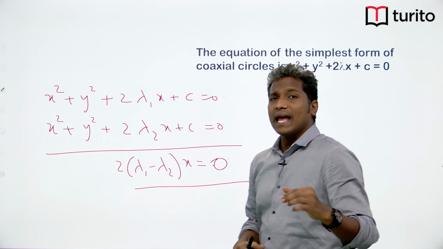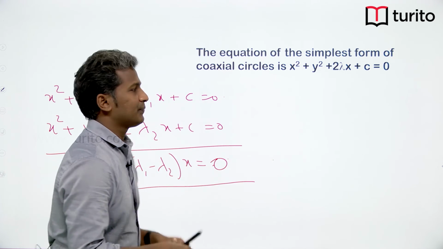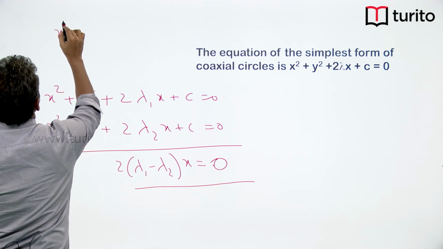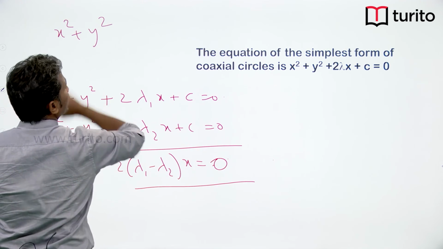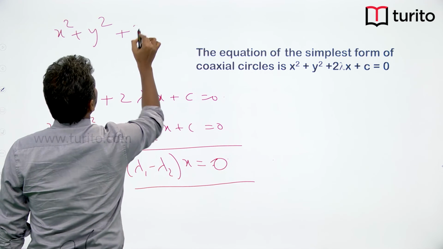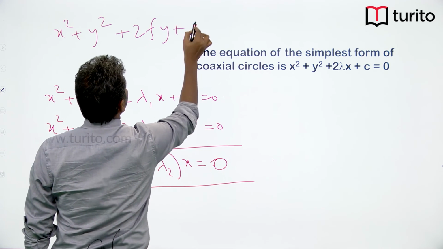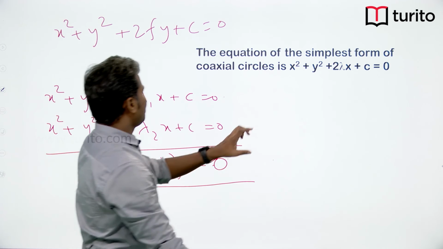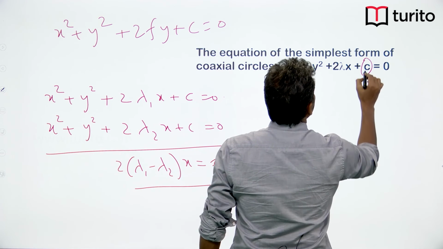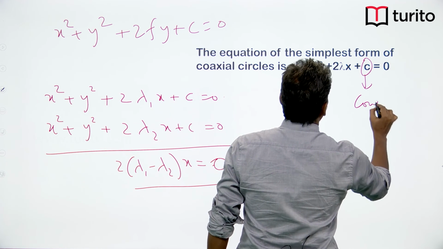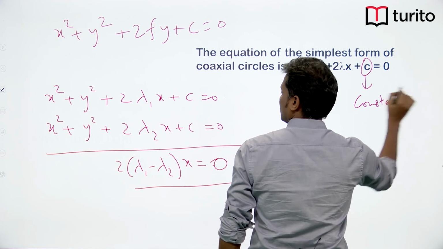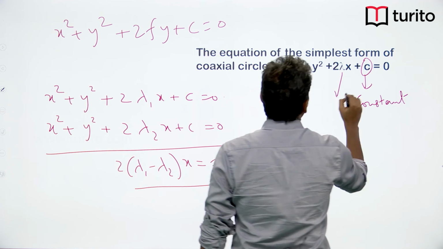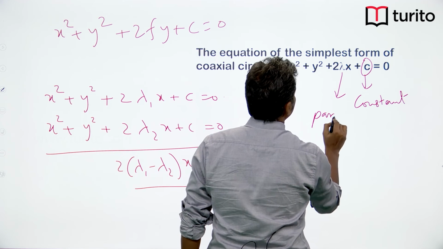Now, if you are taking x axis as the radical axis, what could be the equation? You can write the equation in similar lines: x square plus y square plus some 2fy plus some constant c equal to 0. Here, c must be the constant term, because when we subtracted, c must get cancelled, and the lambda must be the parameter.